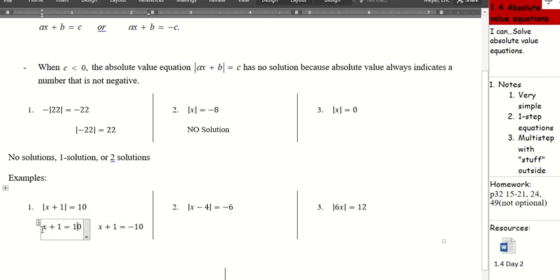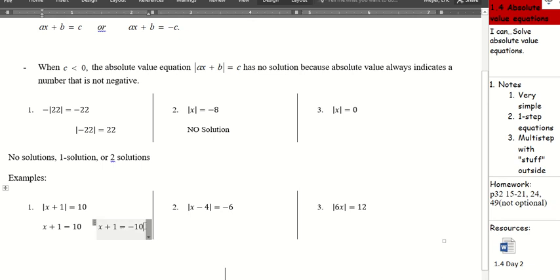So there's two equations here: x plus 1 equals 10 and x plus 1 equals negative 10. Why negative 10? Because if I think about negative 10 going in here, the absolute value of negative 10 is 10. Notice the part that came out of the lockbox stayed the same, but then we had one with the positive just like it is and one with the negative.